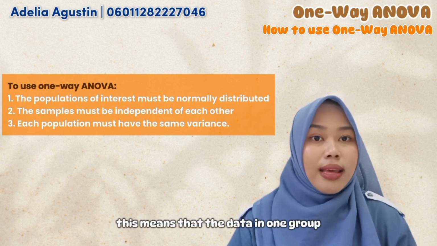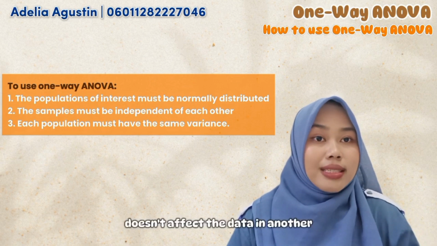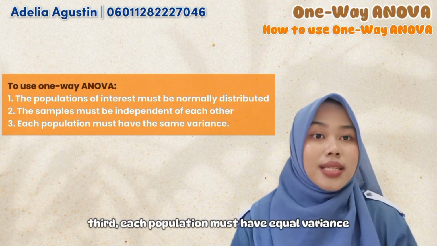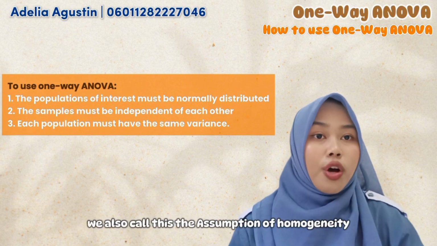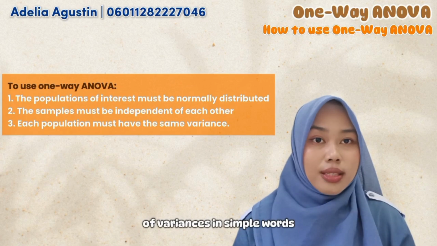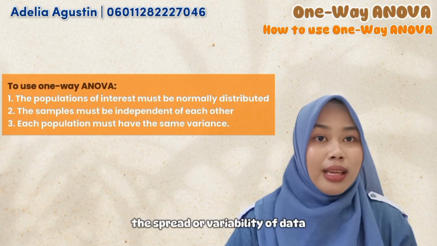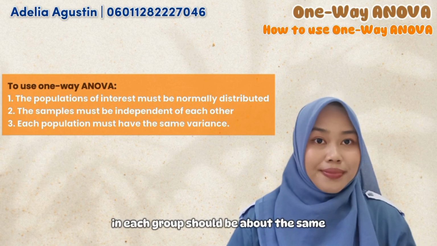This means that the data in one group doesn't affect the data in another. Third, each population must have equal variance. We also call this the assumption of homogeneity of variances. In simple words, the spread or variability of data in each group should be about the same.